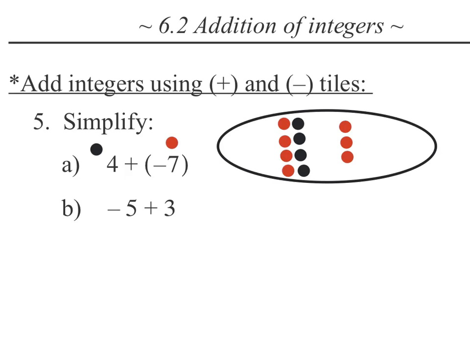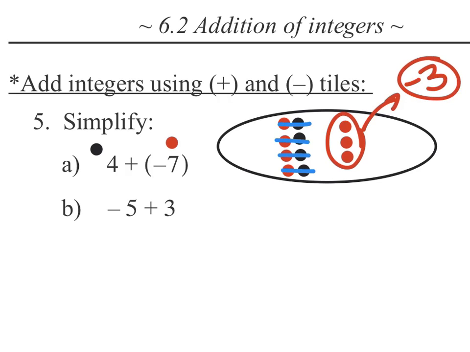I've counted those out, and I'm going to show the work using the same colors we use in the unit. Each of these pairs is a 0 pair. A red one is going to cancel out a black one as a 0 pair. So what we have left is these three, which would represent -3 right there.